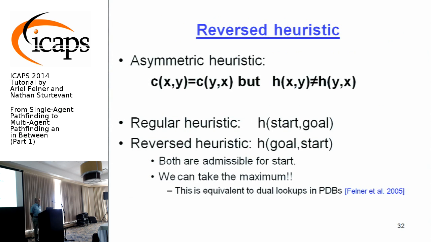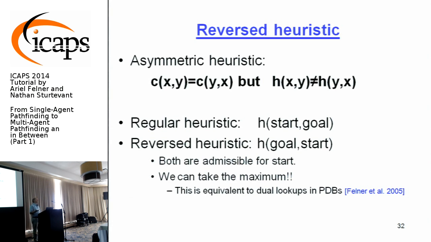Let's talk about asymmetric heuristic. And again, I assume that the graph is undirected, okay? So if the graph is undirected, the distance between x and y equals the distance between y and x. But usually we refer to heuristic as goal-oriented.